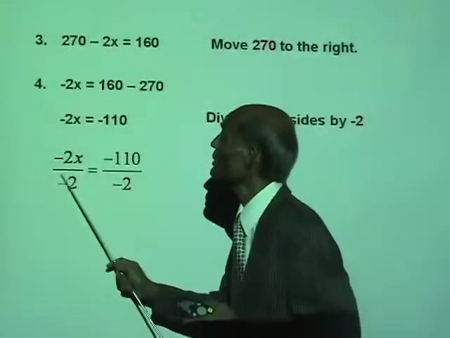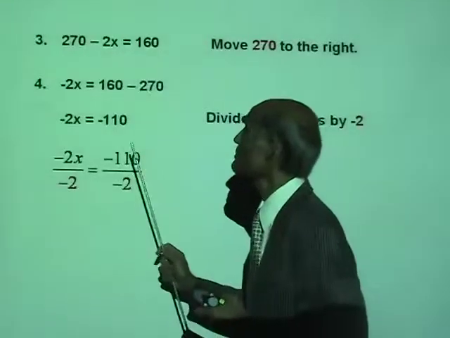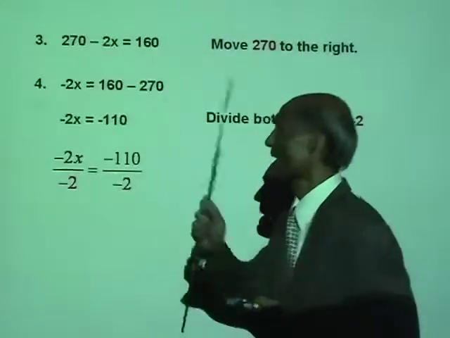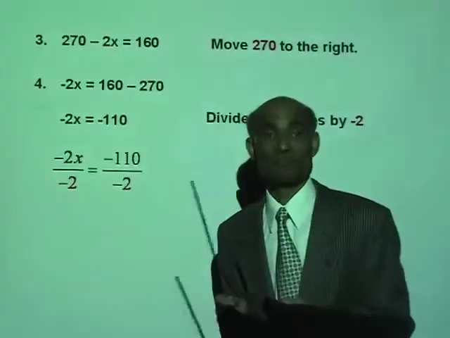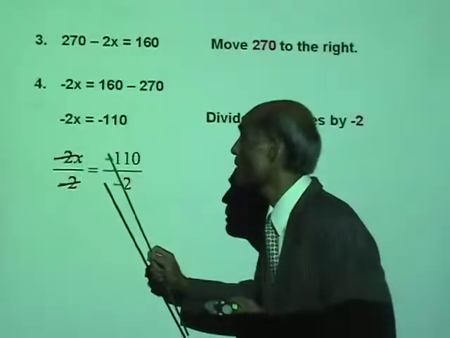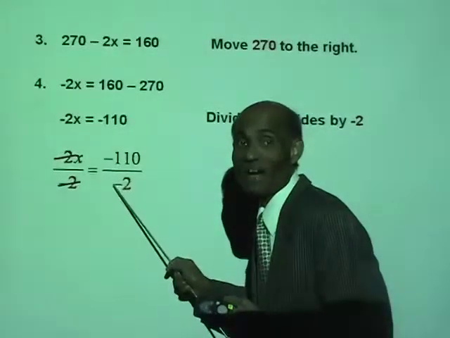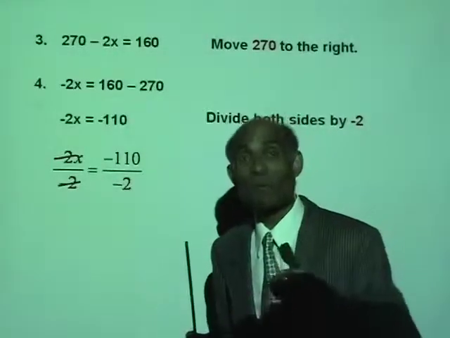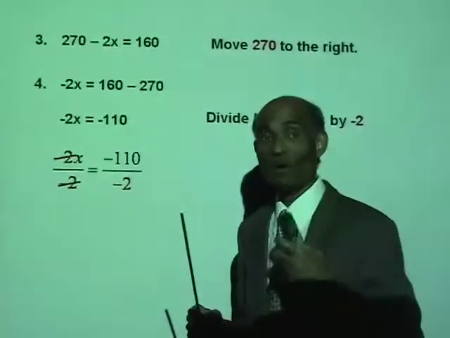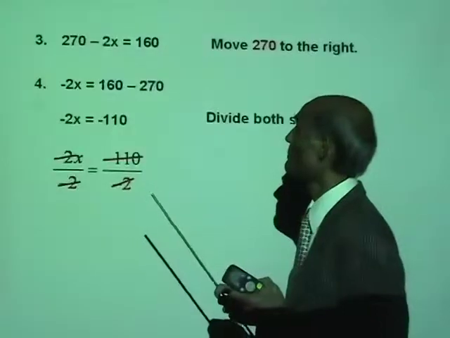Negative 2x divided by negative 2 equal to negative 110 divided by negative 2. Alright, on the left negative 2 and negative 2 will go. On the right, a negative number divided by a negative number makes it a positive number. What is 110 divided by 2?